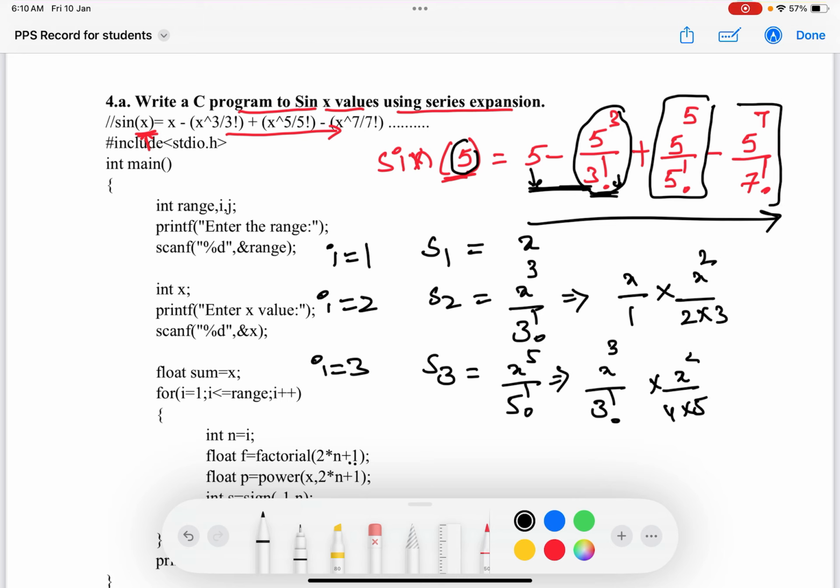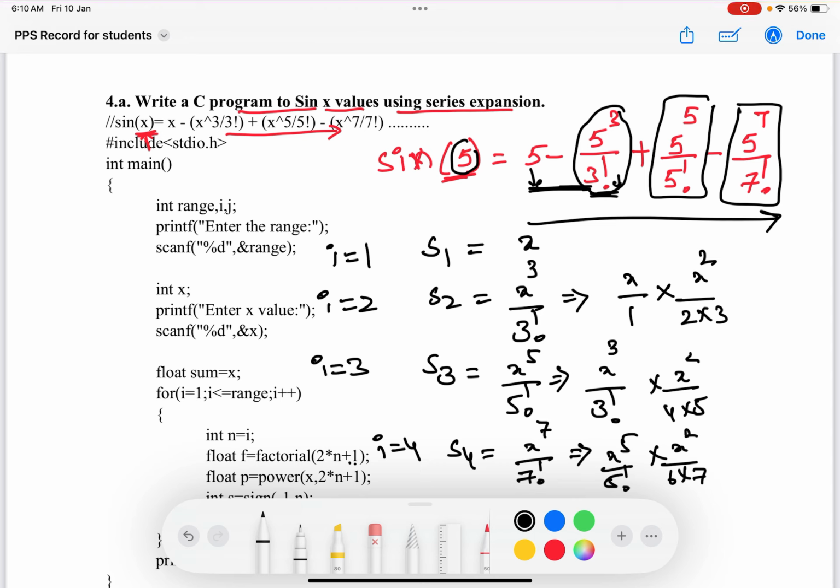Now let's write about this. i is equal to 4, S4. What is the term? x power 7 by 7 factorial. It is written as x power 5 by 5 factorial into x square by 6 into 7. Now, what did you understand out of it?